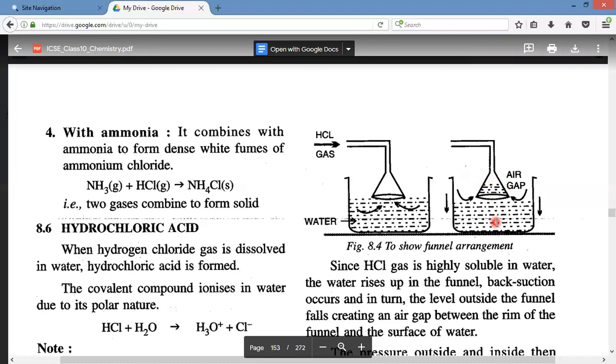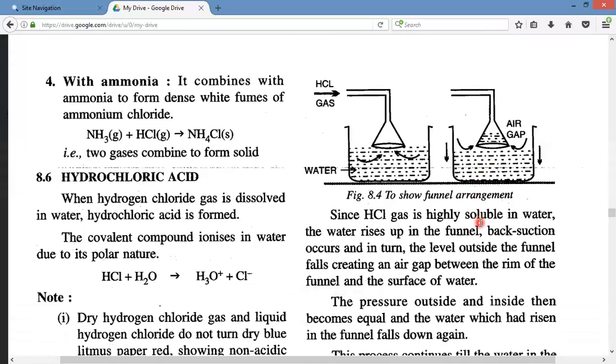The water which is present in the funnel goes down into the trough, and this process occurs again and again until the trough water becomes saturated with HCl gas.